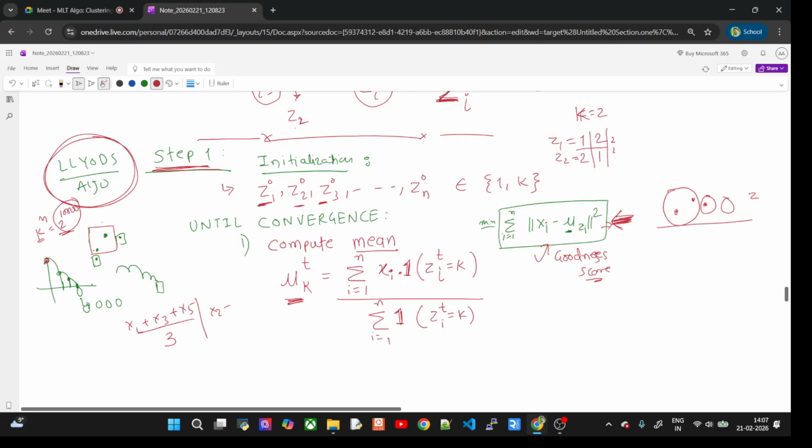When z1 of the zero iteration was 1, 2 and 3 equal to 1, you are not happy because the distance of this point is a, and this is b. In iteration 1, b is smaller than a.